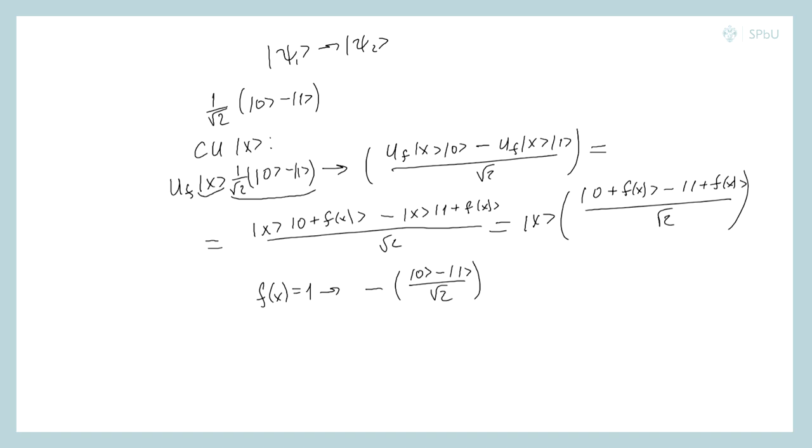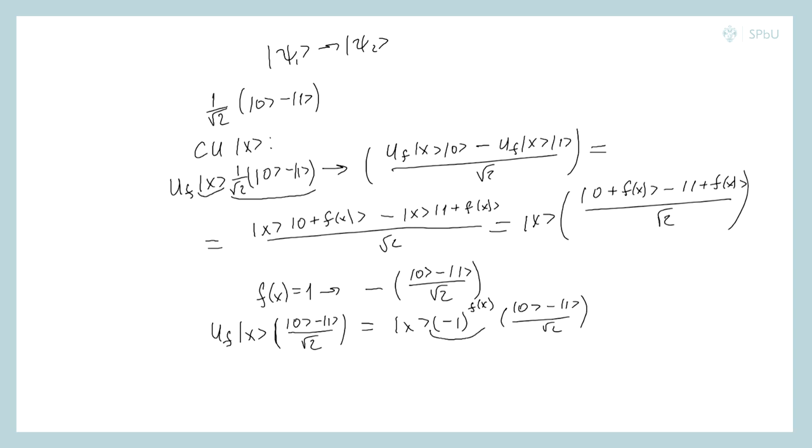This result could be written as U_f x, 0 minus 1 over the square root of 2, equals x, minus 1 in the power of f of x, and 0 minus 1 divided by square root of 2.